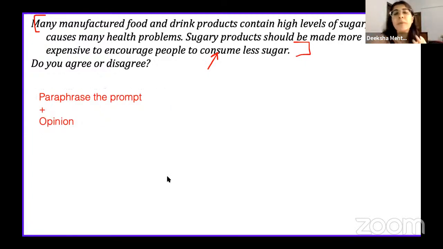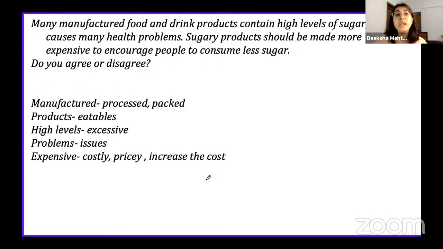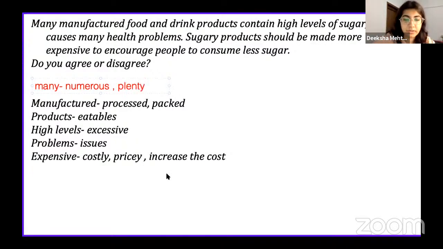Let's brainstorm the vocabulary. So I brainstormed some vocabulary here. Instead of many, what can I say? I can say numerous. I can say plenty of, right?